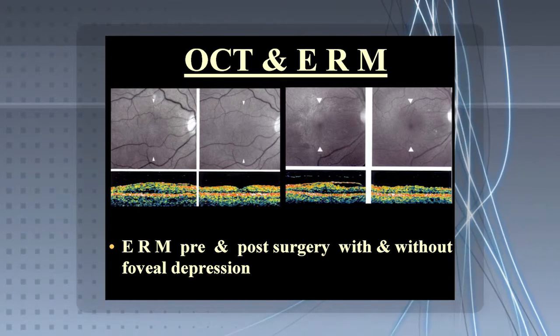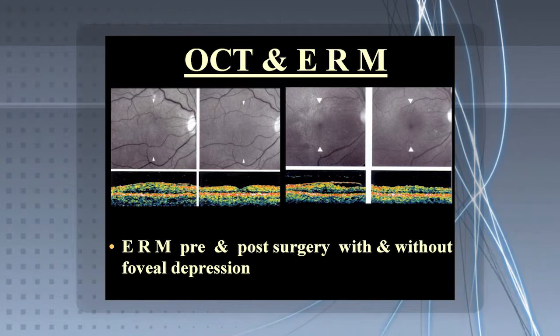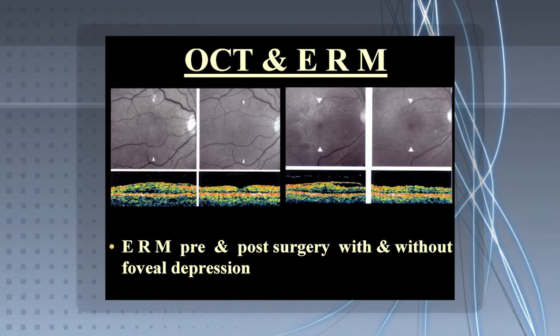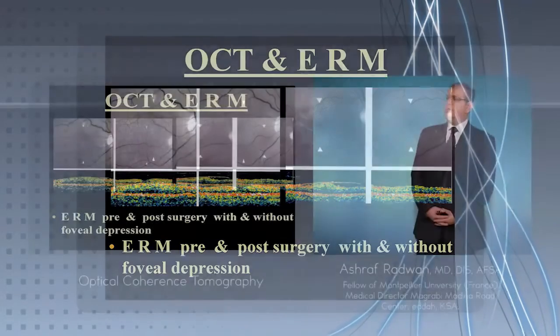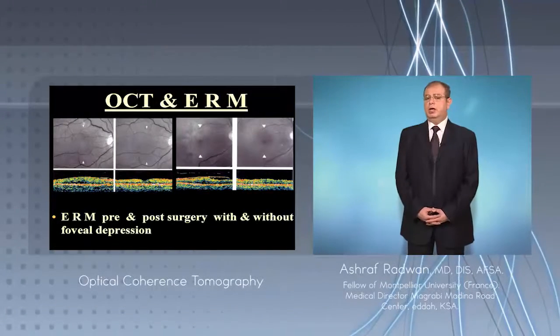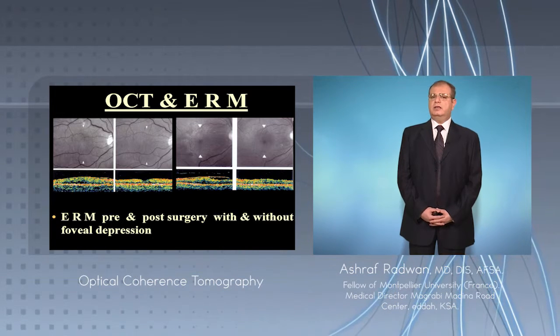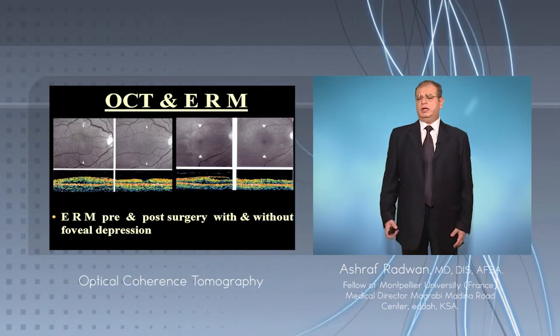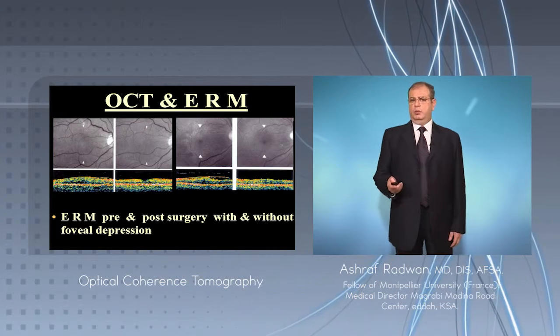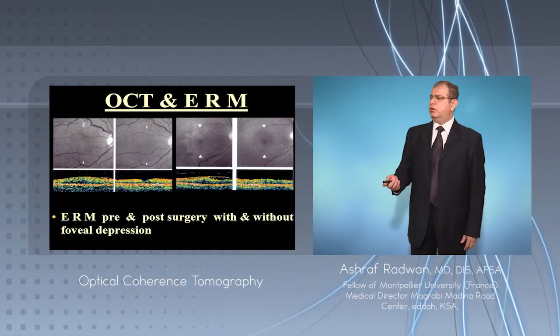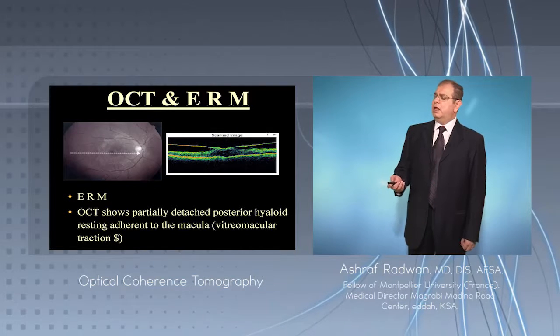While on the other, we can see there is no foveal depression, there is no landmark, so we can evaluate our vitrectomy. And in other images, we can see a residual edema that needs more intervention, like injecting the eye with anti-VEGF or steroid injections later on.